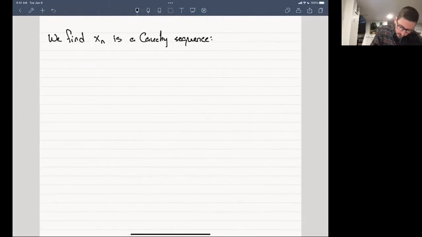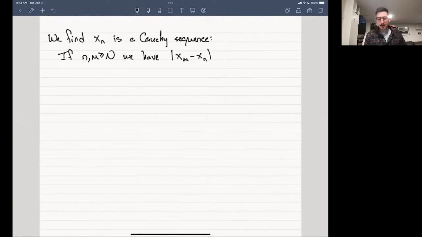So that means that if n and m are greater than or equal to some capital N, we have the distance, or the absolute value of the difference between xm and xn, so m decimal points for xm, n decimals for xn, is less than or equal to 1 over 10 to the n minus 1.